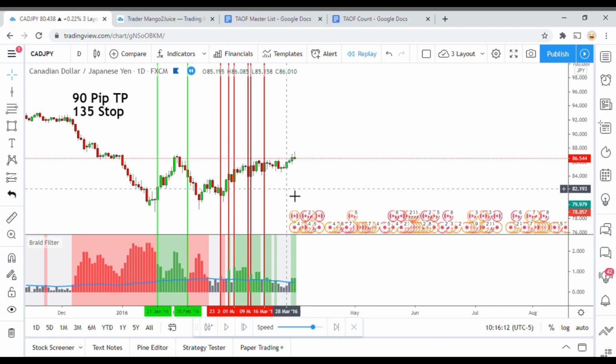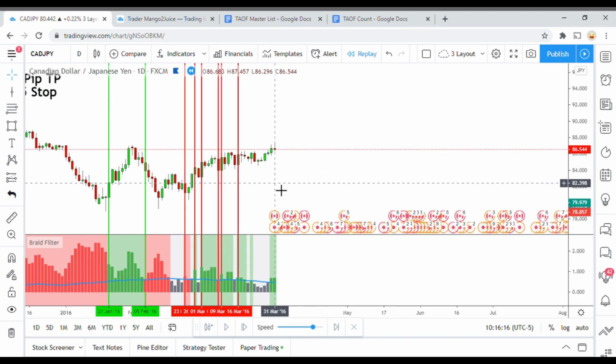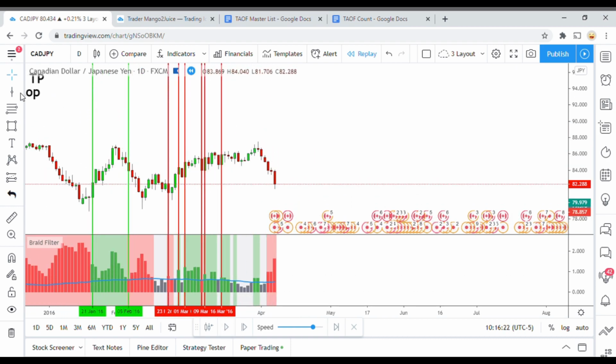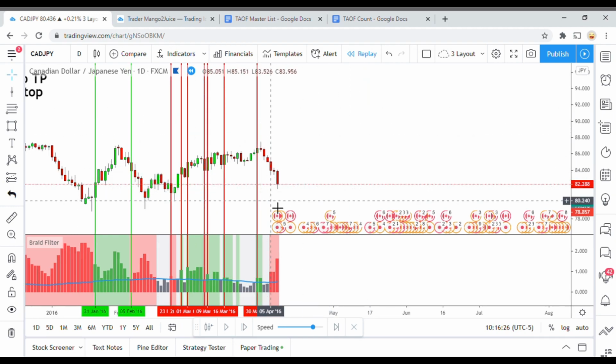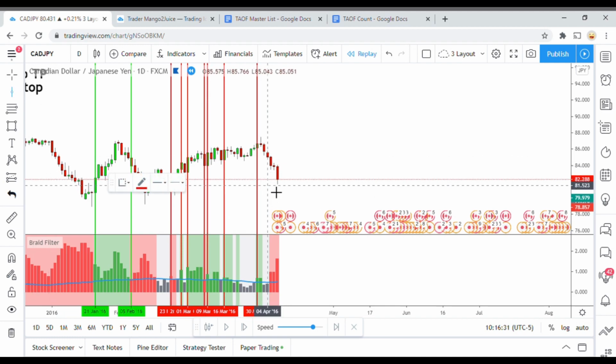Following along here, we are right here for a long. Let's play it out, see what it does. It unfortunately stops us out once again. Then we pick up a short over here.